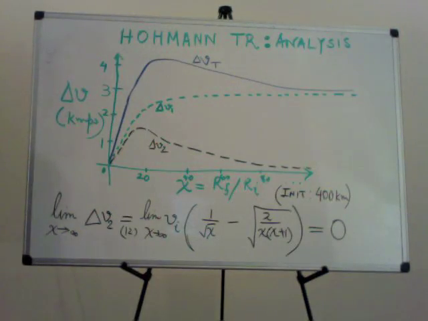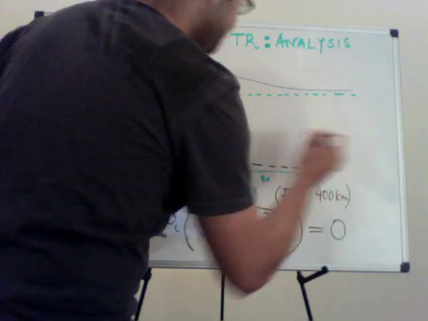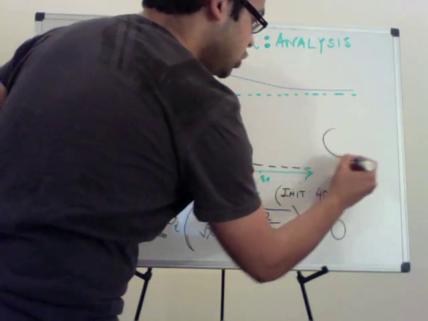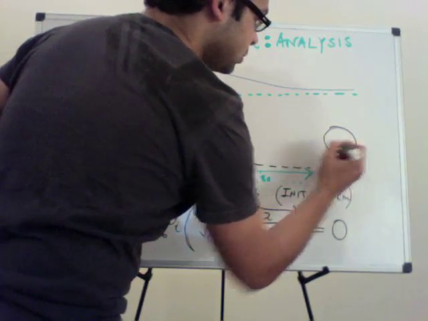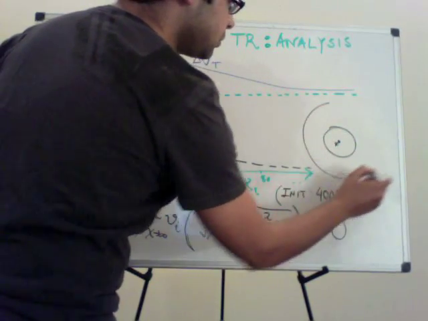So what we are saying is that if my final orbit RF lies at infinity, then there is no delta V needed for circularization. Delta V circularization is 0. Now that may sound a little perplexing, but it makes perfect sense. The way to look at it is to draw the picture of the Hohmann transfer. Here's my initial orbit, the focus F, and the final orbit.